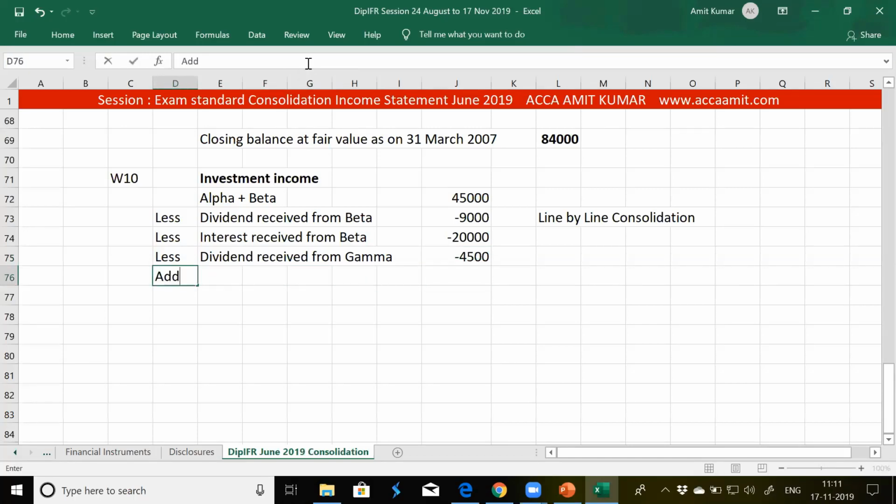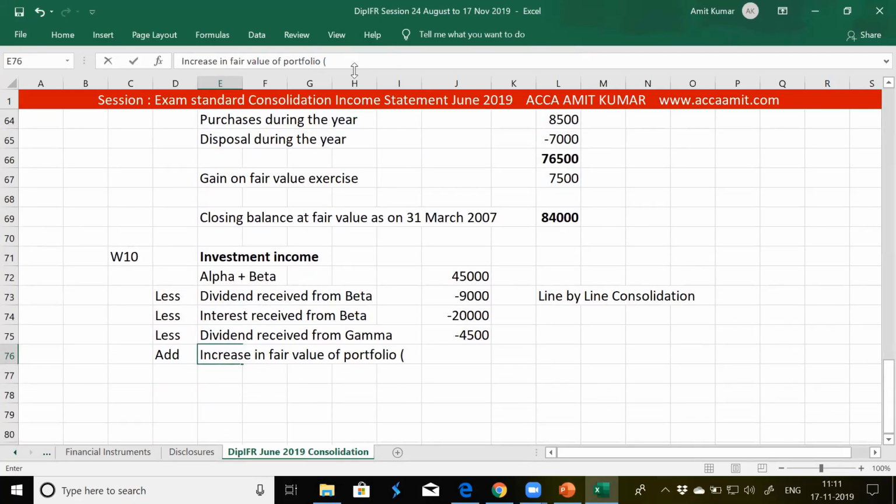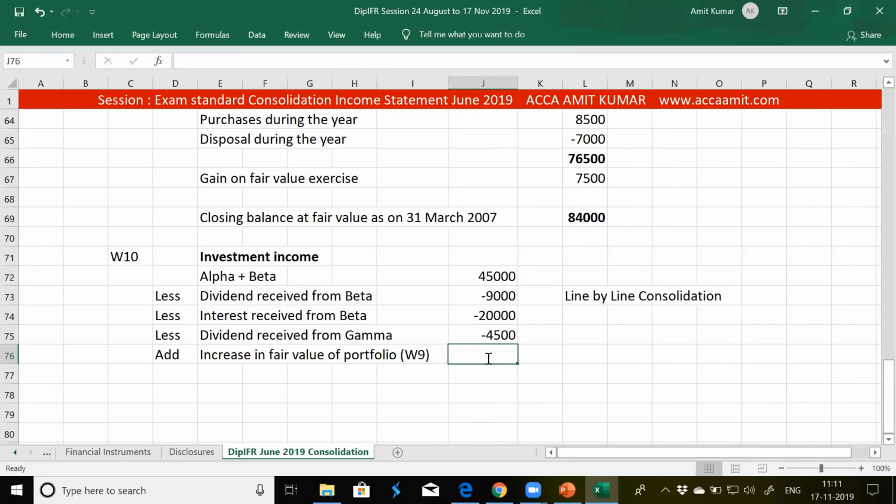We'll add the increase in fair value of investment, increase in fair value of portfolio, which we did in note number 9, equivalent to 7,500.